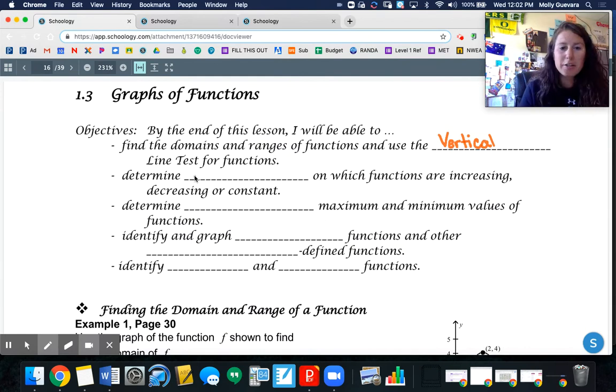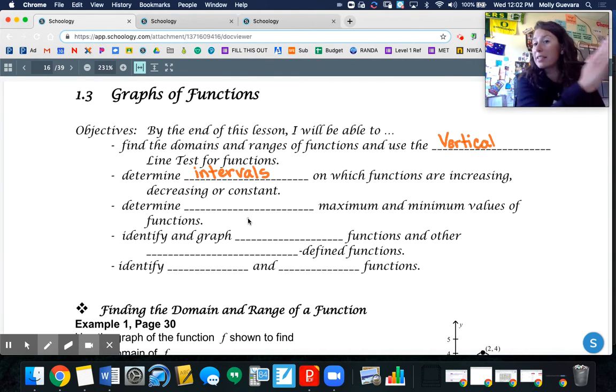Then we're going to determine the intervals on which a function is increasing or decreasing. What we mean by that is, from here to here it's increasing, and then from here to here it's decreasing, and then it goes back to increasing maybe, okay? So when is the graph increasing?